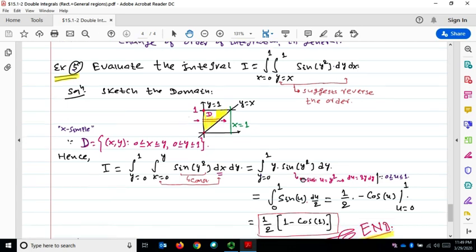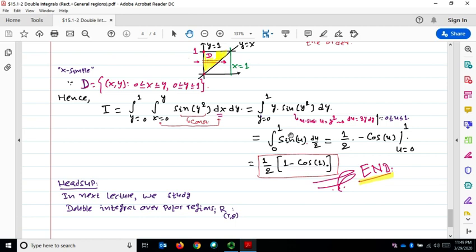Let me scroll down. This is again a good candidate for u substitution. So put u equals y squared. Then its derivative is du equals 2y dy, and change the limits: when y is 0, u is 0, and when y is 1, u is 1. So the u bounds are 0 to 1 again.